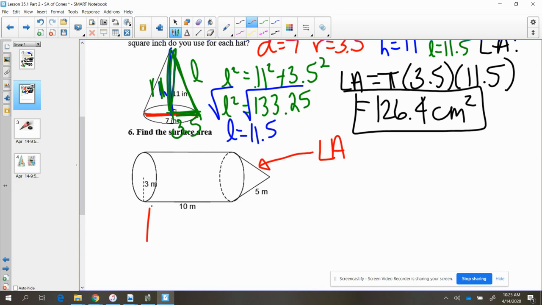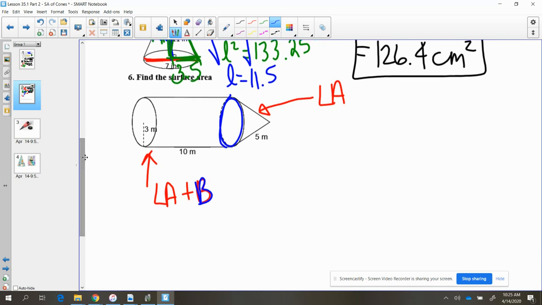And we can touch the lateral area of this cylinder plus one base. This base inside of here, though, is being covered, both the base of the cone and also one of the bases of the cylinder, so we don't need to include it. It's only one base that's going to be exposed as the surface area. And then our total area would be found by adding those two together.